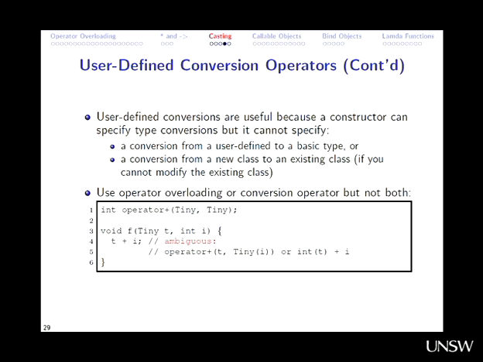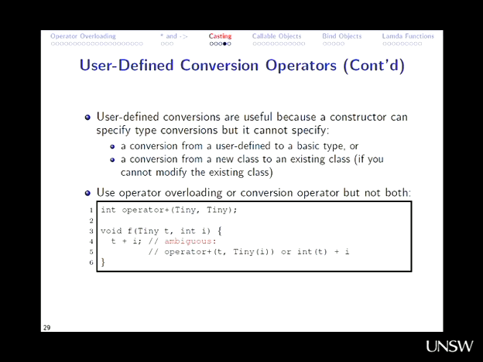So user-defined conversions are useful because a constructor can specify type conversions, okay? But it cannot specify a conversion from a user-defined type to a basic type. So we can't define a conversion in a constructor, say, to an int. But through this operator overloading, we can define how a class could be cast to an int, okay?